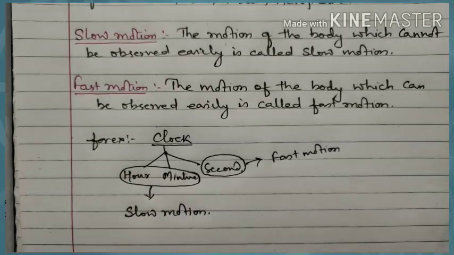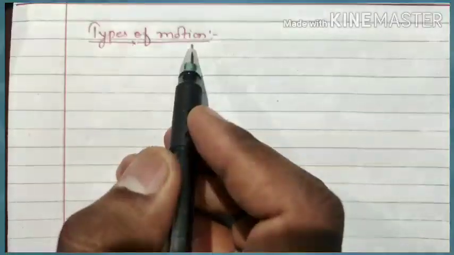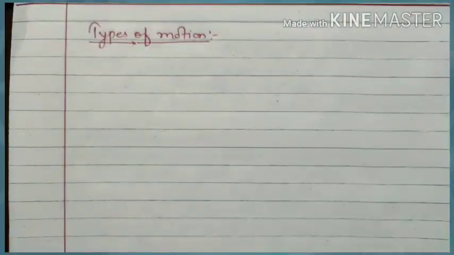Next we will see types of motion. There are various types of motion. Let us see them one by one. First we will see the names.